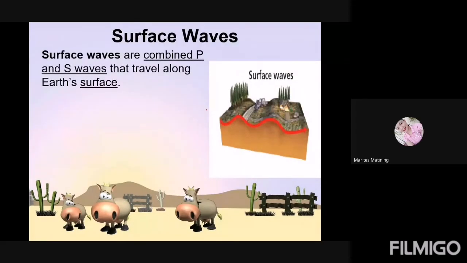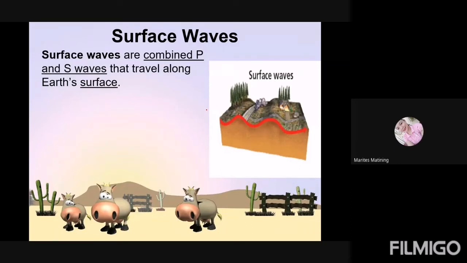So, we have now the second type of waves, the surface waves. When we say surface waves, from the word surface, ang keyword na natin dyan is surface. So, yan, yung may red line dyan, it happens through the surface of the earth.